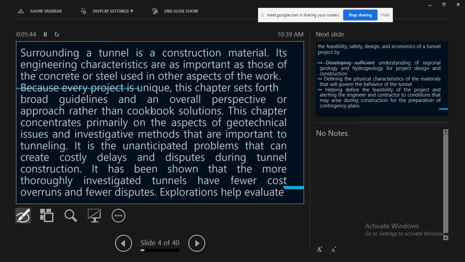So this chapter concentrates primarily on the geotechnical issues and investigative methods that are important in tunneling. It is the unanticipated problems that can create costly delays and disputes during tunnel construction. It has been shown that the more thoroughly investigated tunnels have fewer cost overruns and fewer disputes.